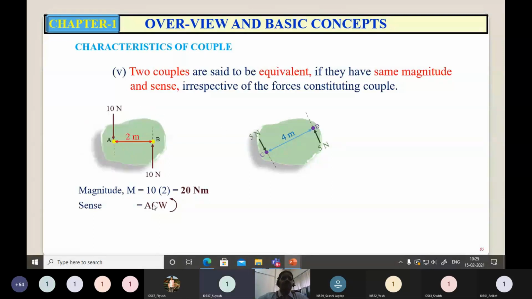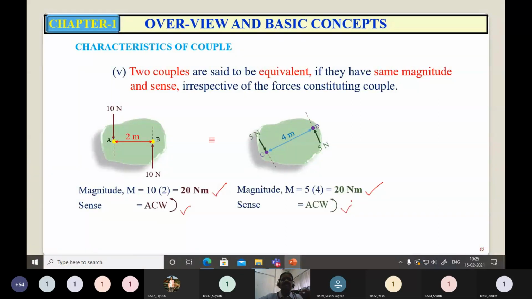Here the magnitude is 5 into 4, again 20 Newton meter, and the sense is again anti-clockwise, because the body is rotating anti-clockwise.